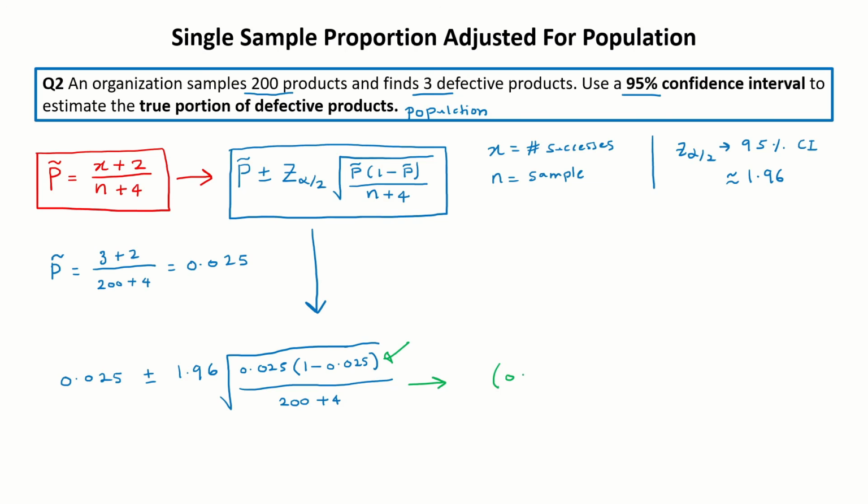You should get something like 0.004 for the lower bound and 0.046 for the upper bound. And this would be your final confidence interval, which means the true proportion of defective products considering the entire product range is probably between 0.004 and 0.046 given a 95% level of confidence.